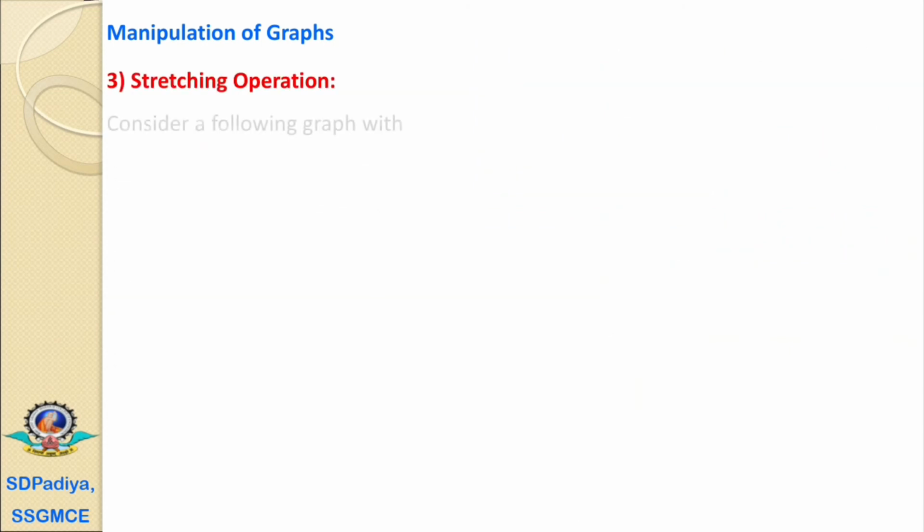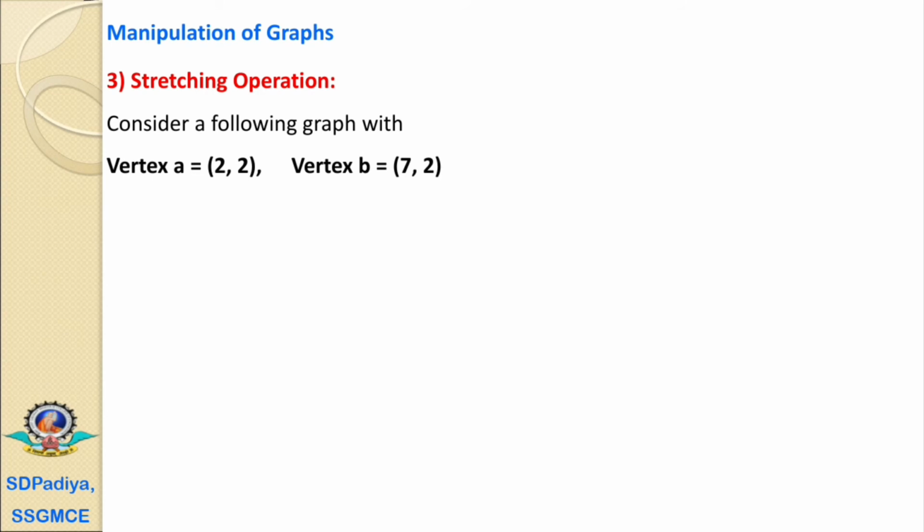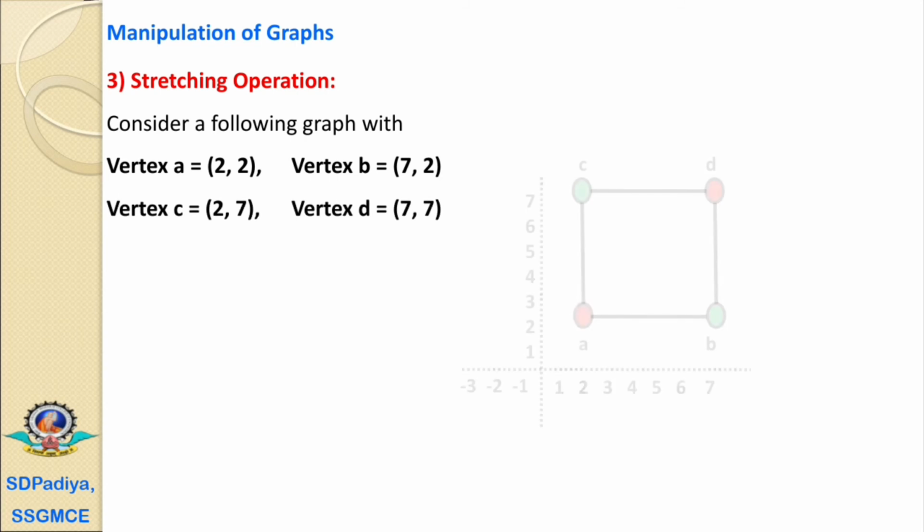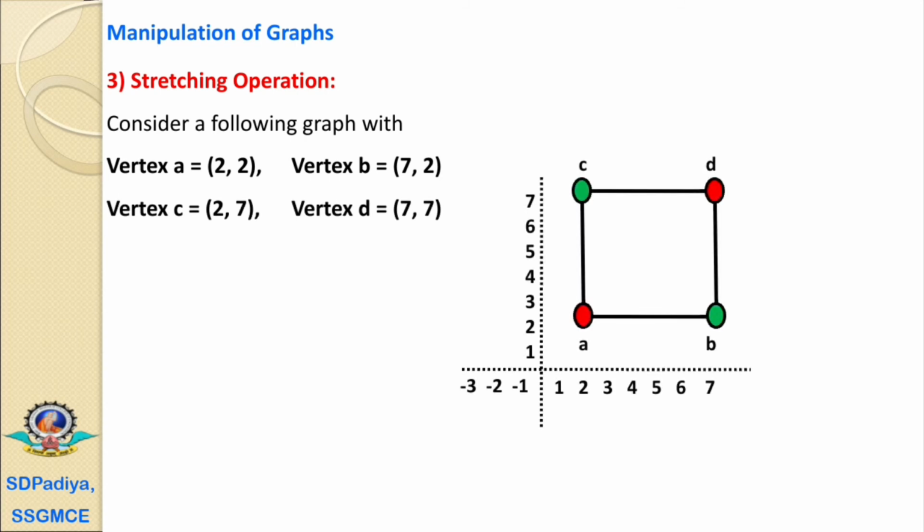Now, with examples, we'll see how to perform the shrinking operation over a graph. Again, we'll consider a graph with the four vertices A, B, C, D with the coordinates 2, 2 for A, 7, 2 for B, 2, 7 for C, and 7, 7 for D. Now, if we are to perform its shrinking, then the shrinking must be done vertically as well as horizontally.